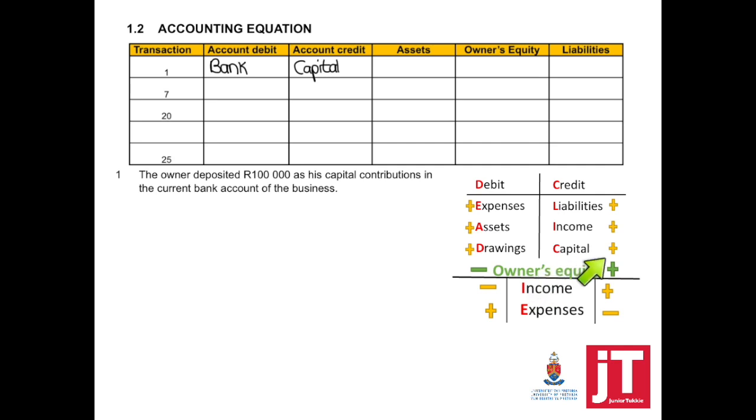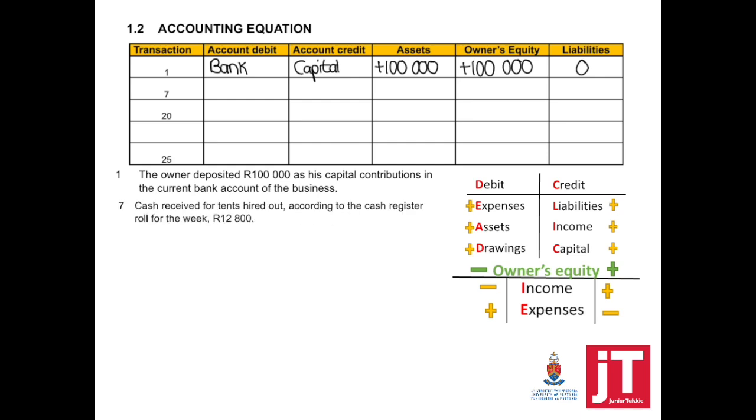Capital is credited, which means that my owner's equity is going to increase. Assets is going to increase. Liabilities, nothing.